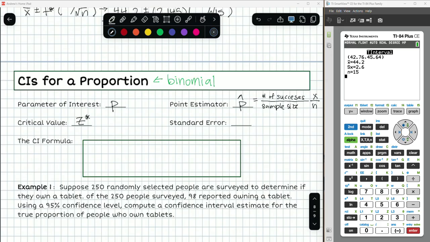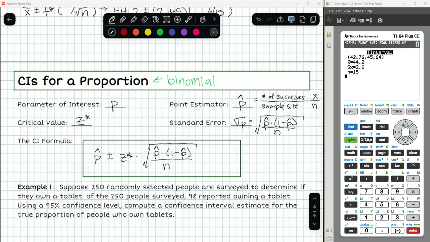And for proportions, the standard error for P is going to be the square root of P hat times 1 minus P hat over N, or P hat times Q hat, which is the probability of failure, over N. So our formula for calculating is going to be P hat plus or minus Z star times the square root of P hat 1 minus P hat over N, all under a square root.